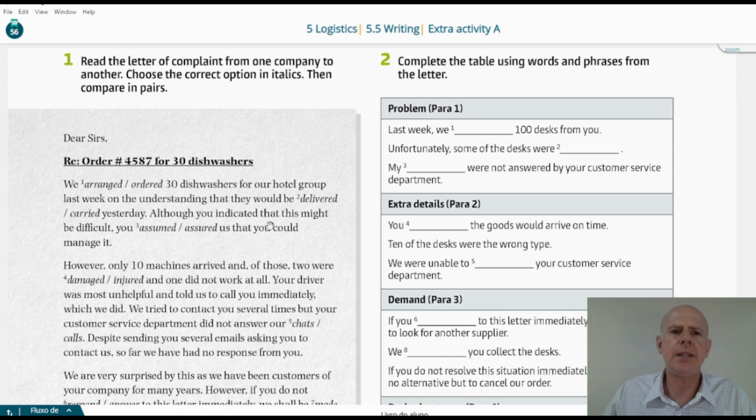Although you indicated that this might be difficult, so it would be difficult, but they said they could do that. You could manage it. You assumed or you assured. Obviously, it is assured.